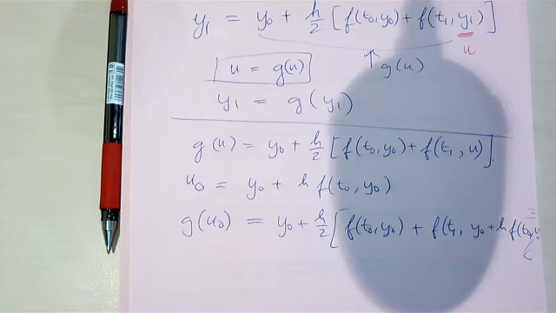So that's why with Heun's method, you just have a simple extra step, but it improves your convergence. And if you go further, you see that the errors of Heun's method reduce faster.